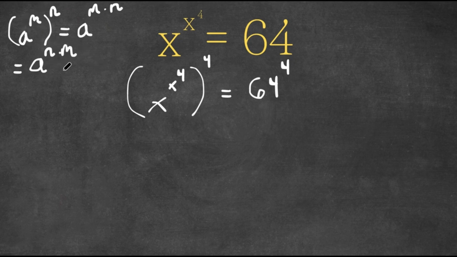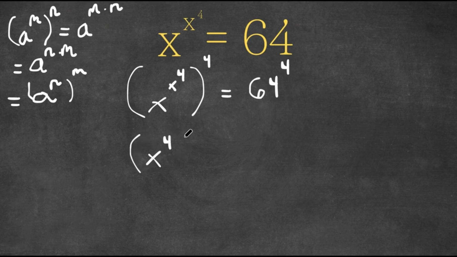Meaning I could rewrite this as a to the power of n to the power of m. So right here, we have x to the power of x to the power of 4, to the power of 4. Think of x to the power of 4 as m and 4 as n. I could actually switch the places of these two, meaning I could rewrite this as x to the power of 4 to the power of x to the power of 4.